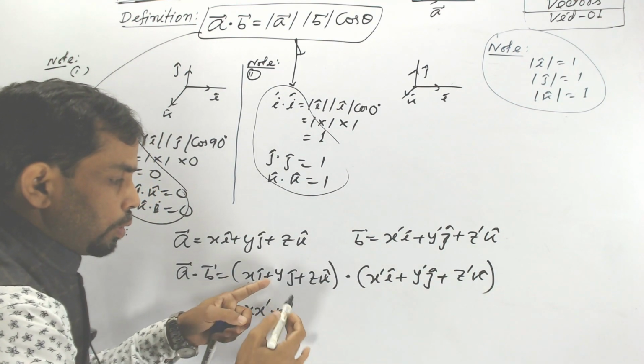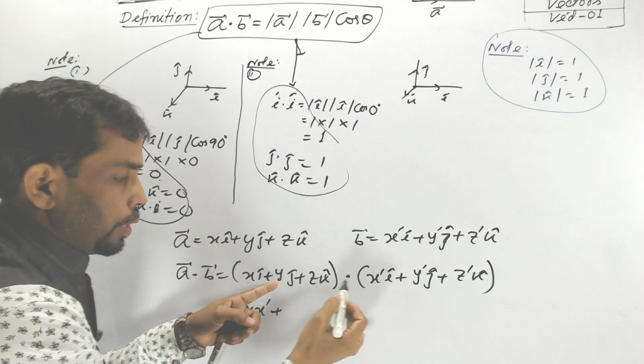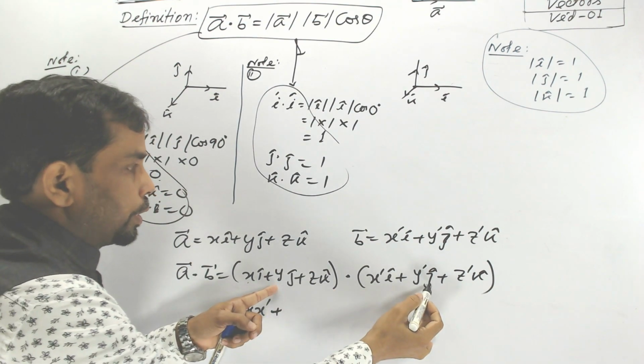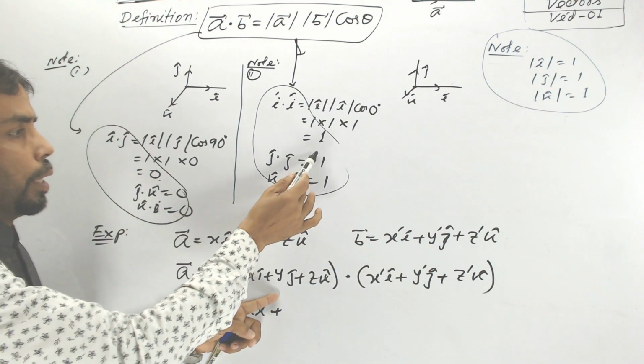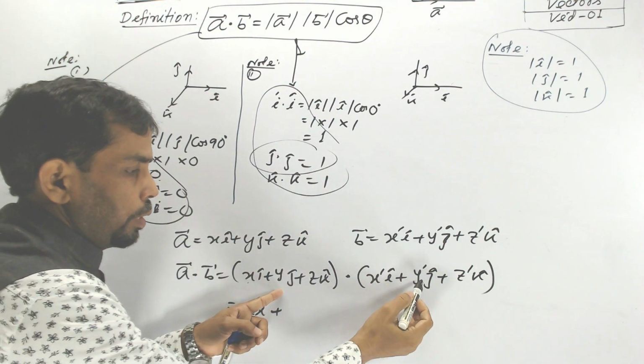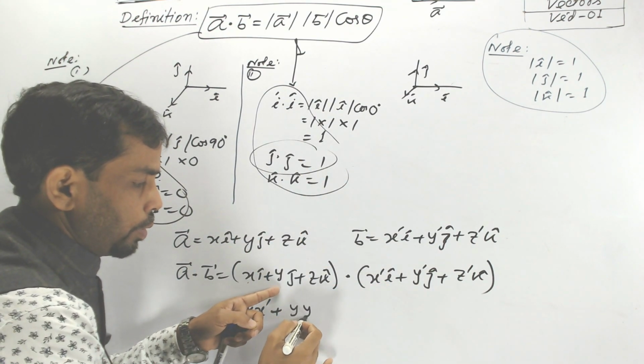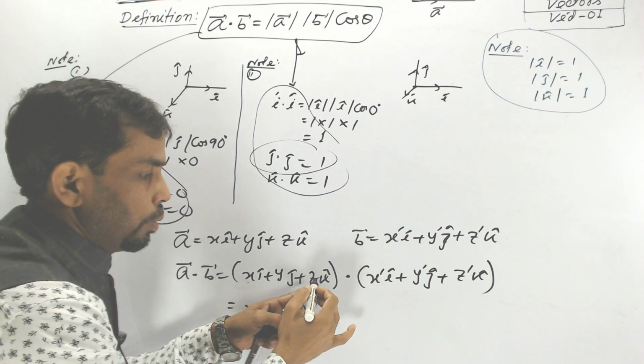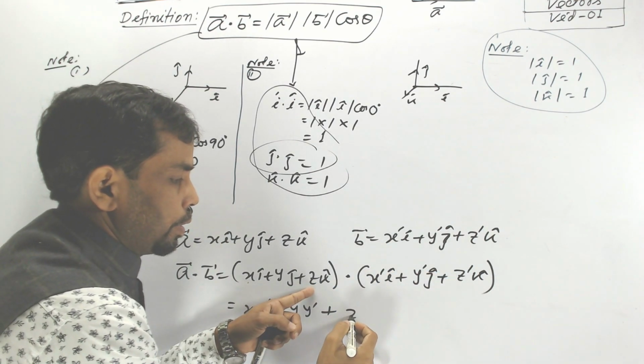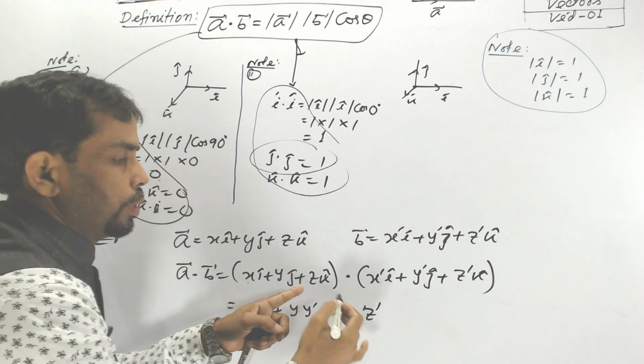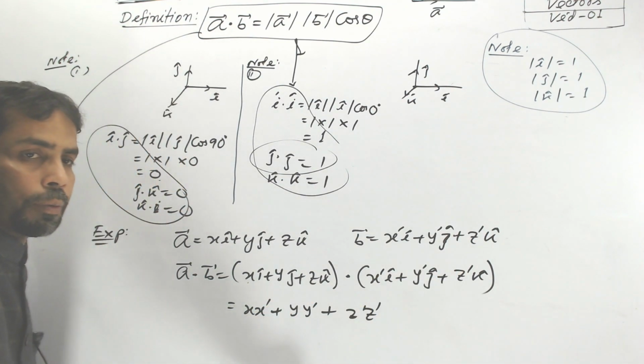Then with the second term j, I again 0, and only j dot j value is 1, so the coefficient will be y into y dash, plus in the same way z into z dash, since k dot k value is 1.